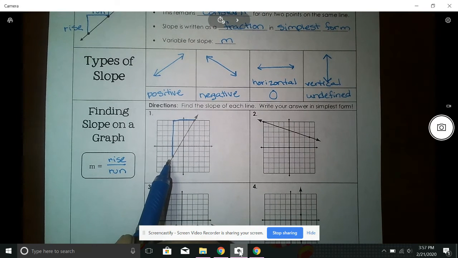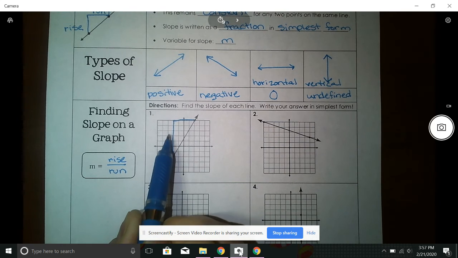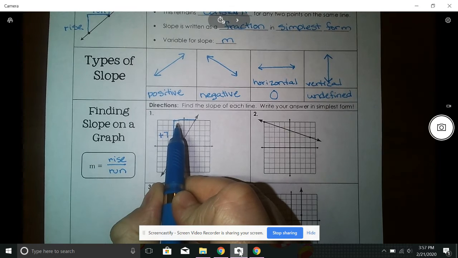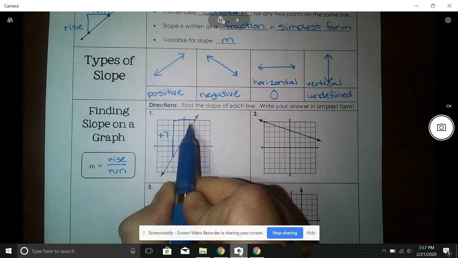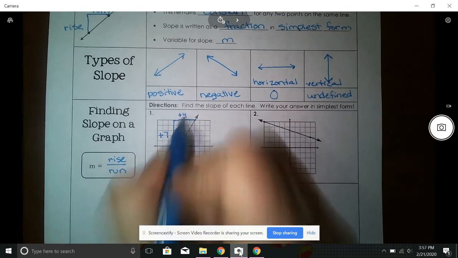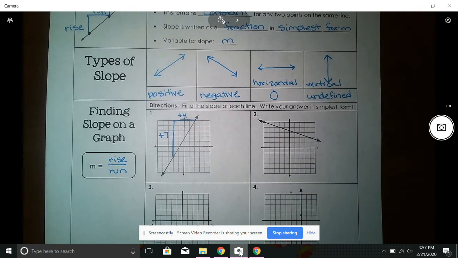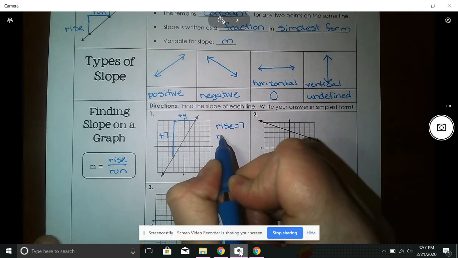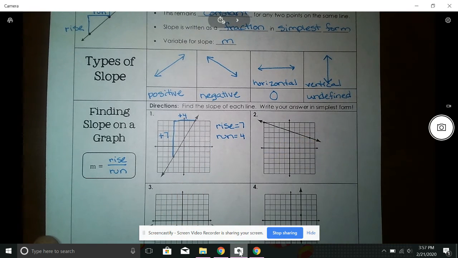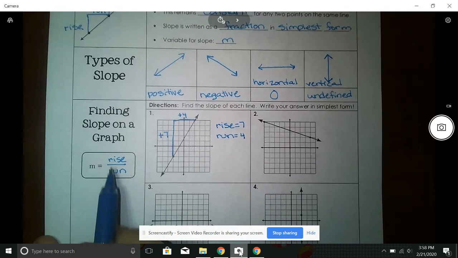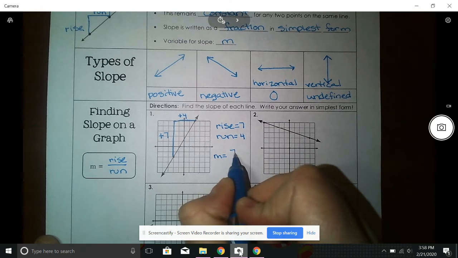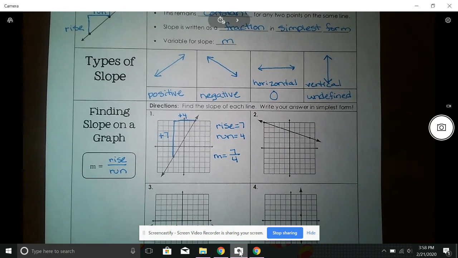If we count how far we went up, it's 1, 2, 3, 4, 5, 6, 7 in the positive direction. And when we count our run, it's 1, 2, 3, 4 in the positive direction. We went up and to the right. So the rise here is 7 and the run is 4. So when you write your fraction as a comparison of the rise versus the run, it would be +7 over +4. This is telling us how steep the line is.